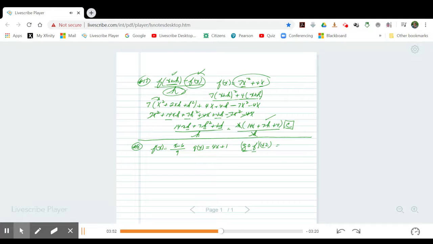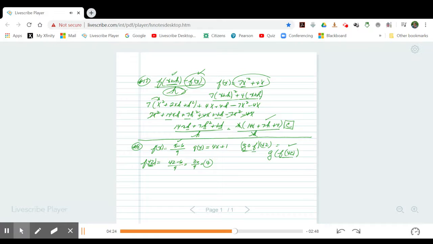This will give me a number. Once I know what f of 42 is, I want to find g of whatever that value is. f of 42. In place of x here, I'm going to substitute in 42. So this is 42 minus 6 divided by 9. And let's see, this is 36 divided by 9. So that's nice because it comes out to be a whole number. So f of 42, right here, this works out to be 4.